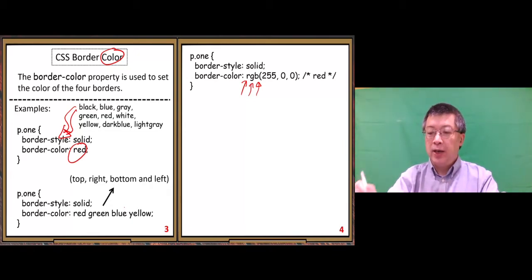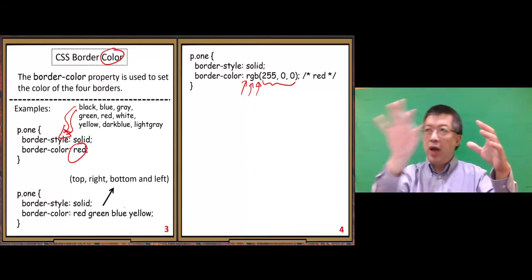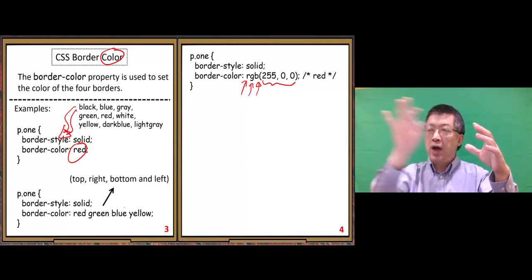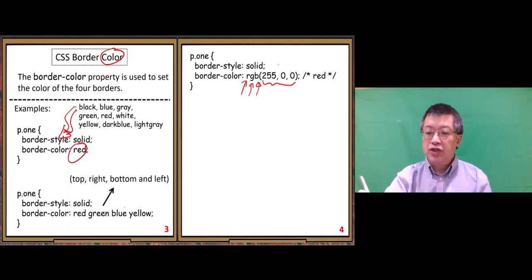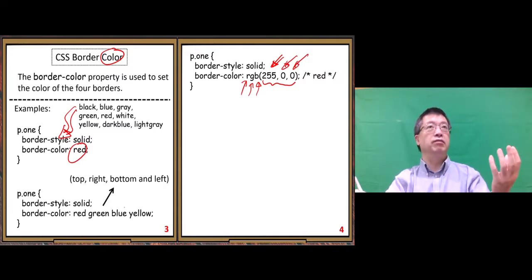For this example, rgb, parenthesis, then 3 parameters for 3 components. The first component value 255, the second 0, the third 0.